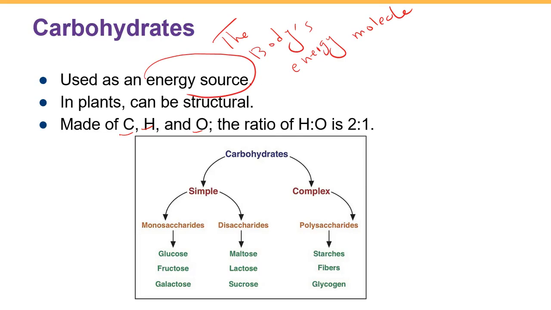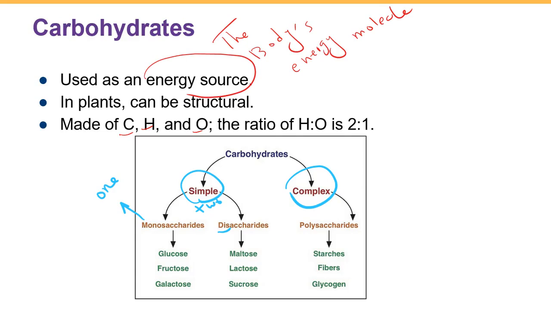We have different types of carbohydrates based on their simplicity or complexity. We are going to divide carbohydrates into simple and complex based on the amount of saccharide, or sugar, they have in their structure. We have monosaccharides and disaccharides as the simple carbohydrates. In a monosaccharide we only have one sugar unit, and in a disaccharide we have two sugar units.